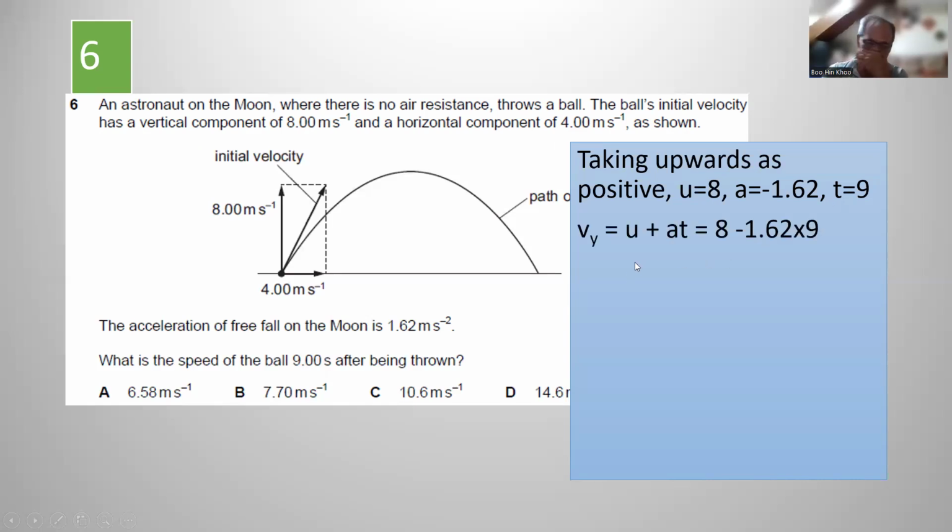We want to find the vertical velocity in the y direction. So u plus at, u is 8, that minus 1.62, t is 9. So we get a negative answer. Negative answer shows it is downwards.